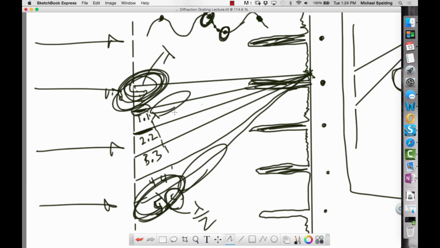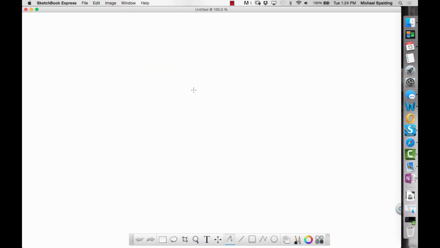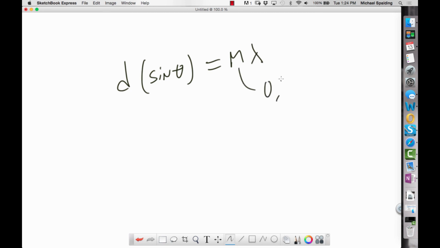So the equation for diffraction grating is still the same equation. When you're working with diffraction grating, you're still saying that d sine theta is equal to m lambda, where m can be 0, 1, 2, and so on, for constructive interference, where d sine theta is the extra distance traveled.